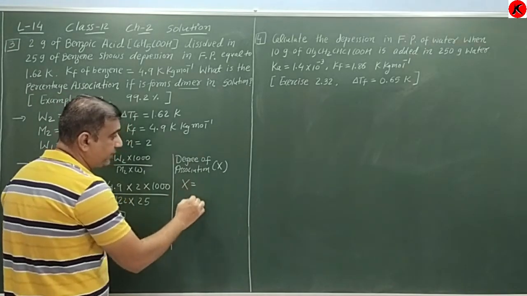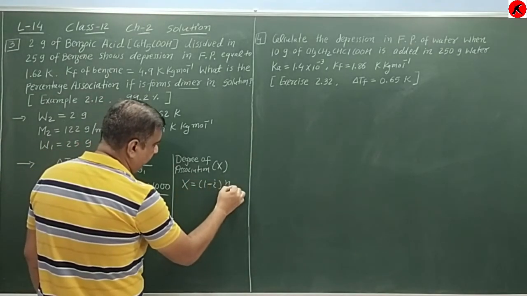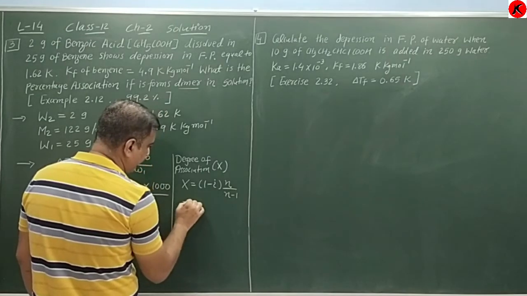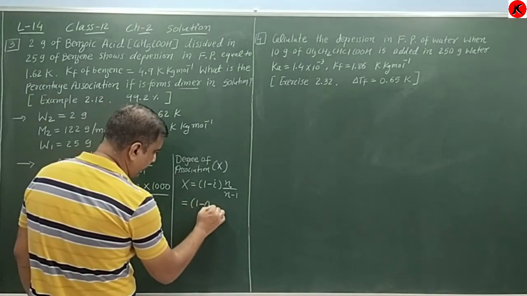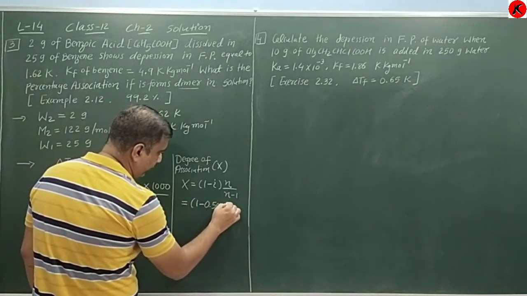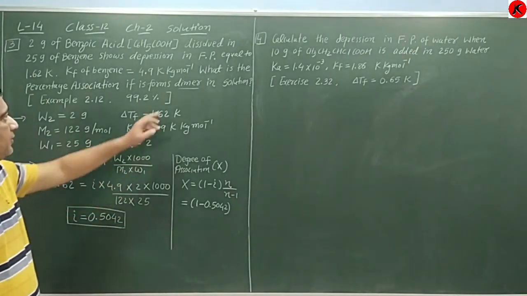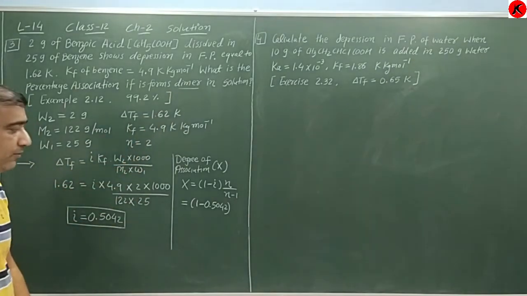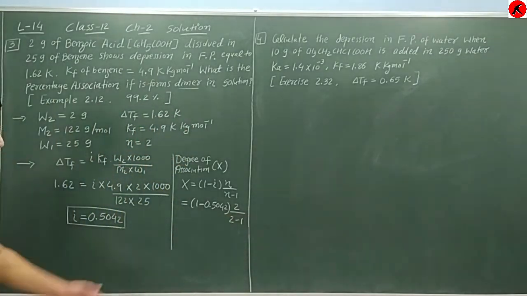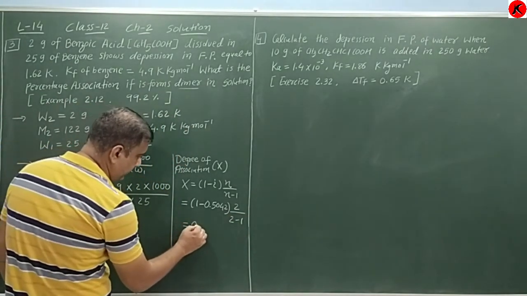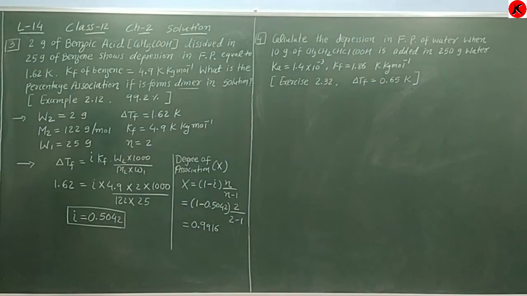We know the formula of x: x equals 1 minus i, into n upon n minus 1. Now 1 minus 0.5042. n means how many molecules are associated. Here it is a dimer, so n equals 2, upon 2 minus 1. When simplification is carried out, we get 0.9916. That is the degree of association.